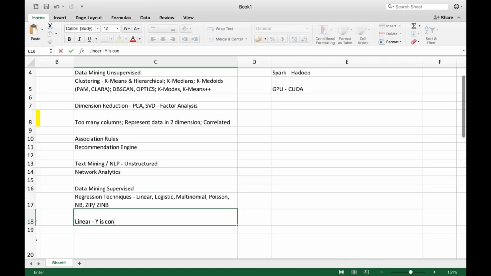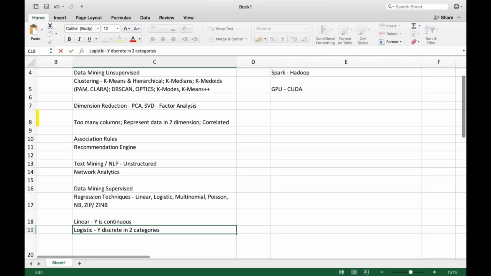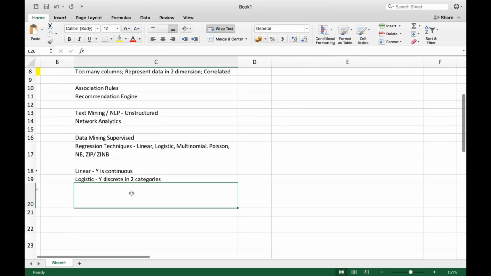When the output is continuous, this is fine. When do you use logistic then? When the output variable is discrete in two categories. But what if I have greater than two categories?